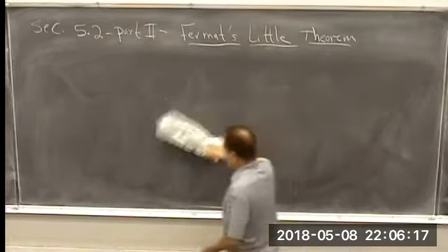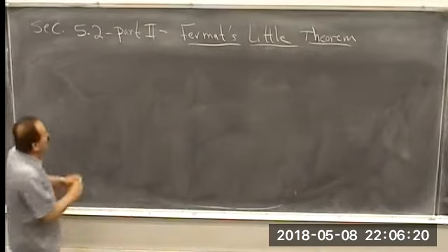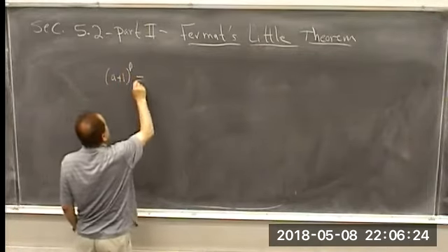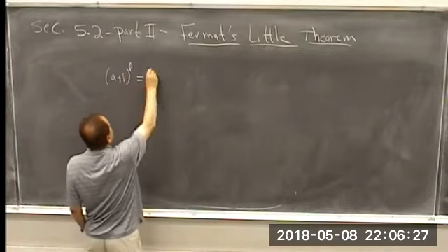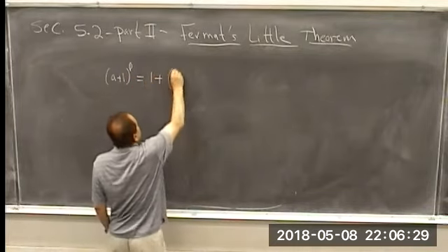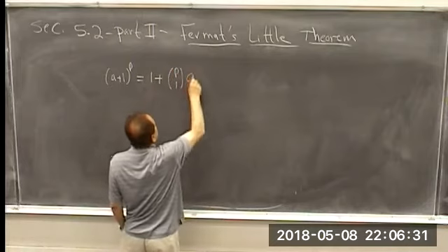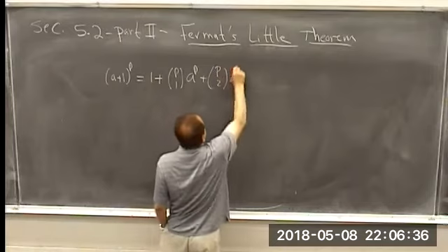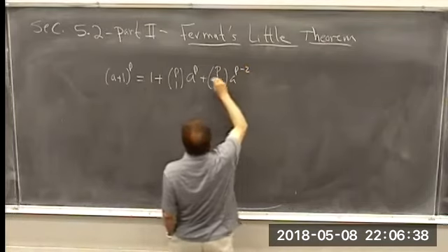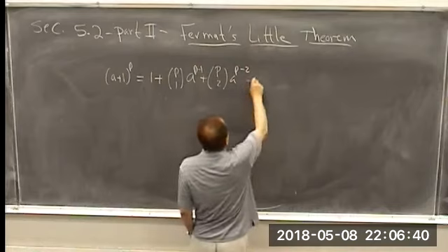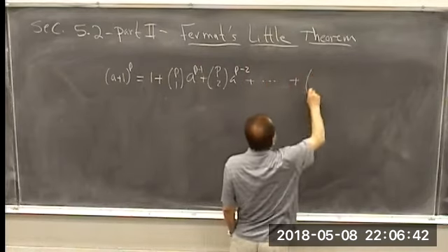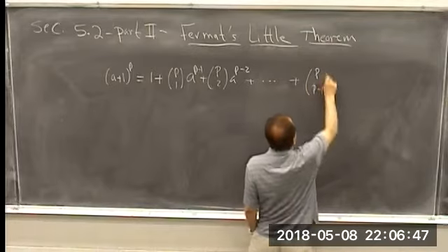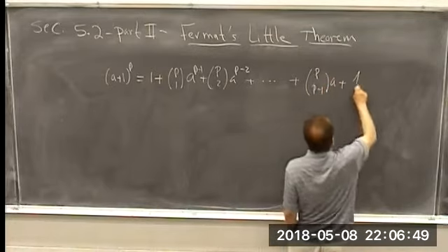So in the binomial expansion for a plus 1 to the p, remember this is equal to 1 plus p choose 1 a to the p, p choose 2 a to the p minus 2, and so on, up to p choose p minus 1, a, plus 1.